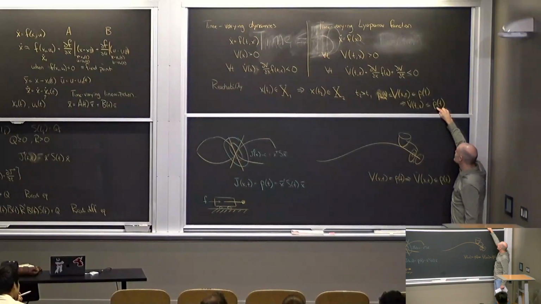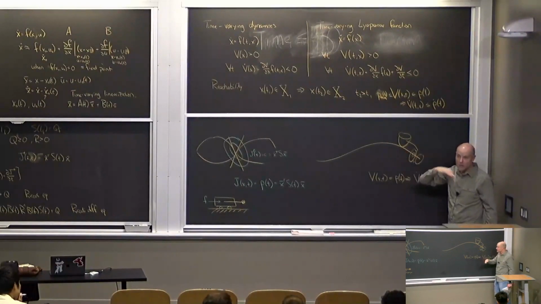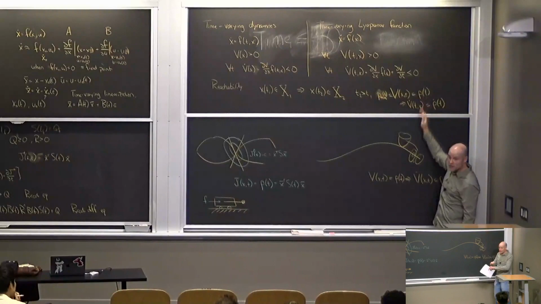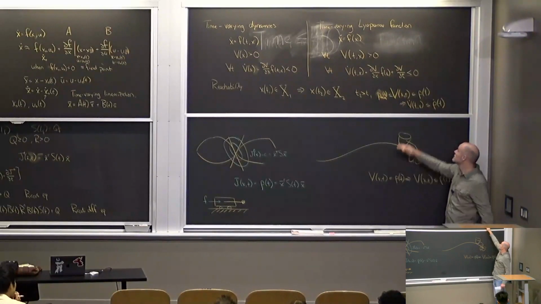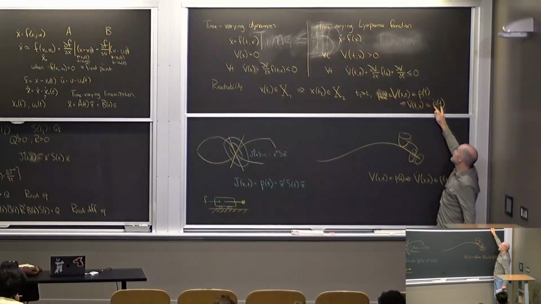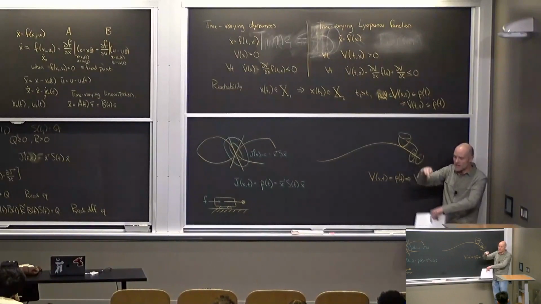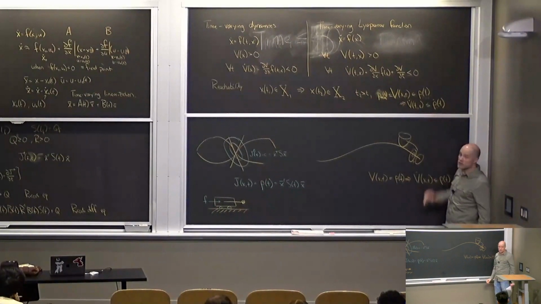Certainly I could just choose rho to be a constant, and all the things would hold, and this would just be V dot less than or equal to 0. But it turns out it's a richer specification to allow even my level set to change over time. To have invariance, if the level set is also changing, I need to be going downhill at least at the rate that the level set value is changing.